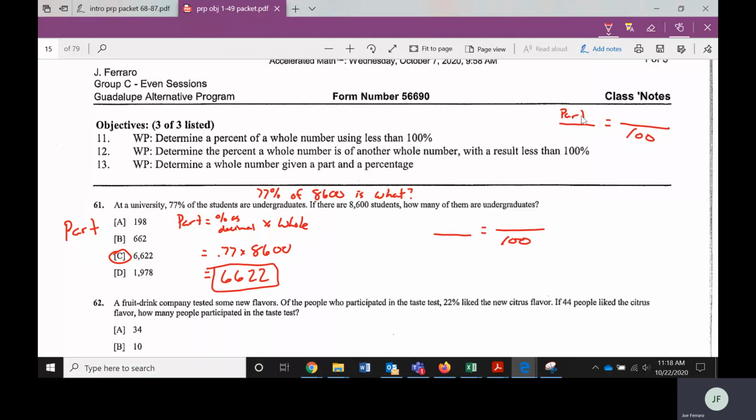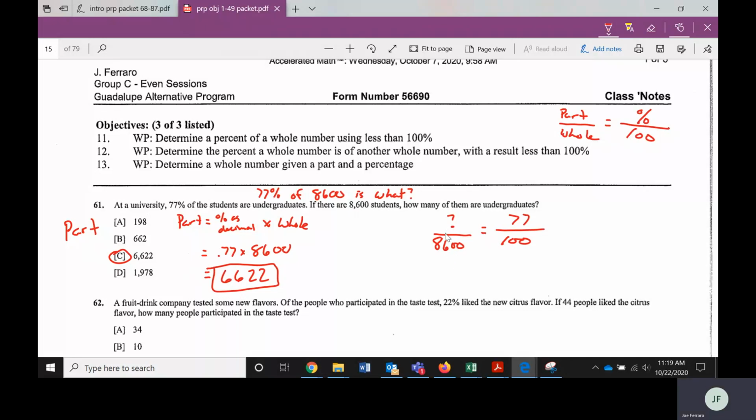Remember, the part goes up here, the whole goes here, the percent goes here. So for this problem, we know the percent is 77. And the only other thing you need to figure out is which one is the whole and which one's a part. 8,600 is the whole. That's all the students. And we're looking for the part of them that are undergraduates.